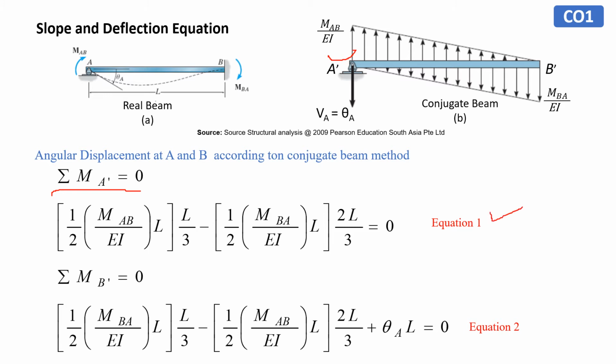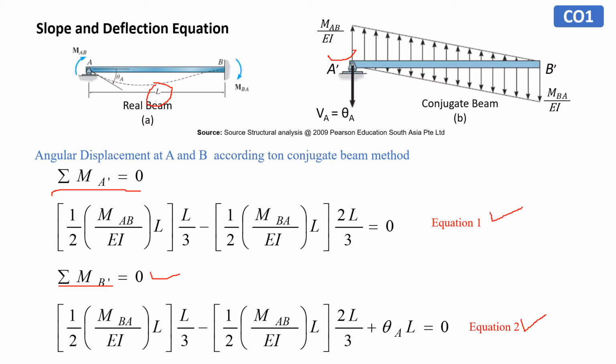Similarly, we apply a second equilibrium equation, taking moment at B is equal to 0: 1 by 2 M BA upon EI into L by 3 minus 1 by 2 M AB upon EI into L by 3 into 2L by 3 plus theta A into L. Theta A will be the reaction over here, and that will have perpendicular distance L, so theta A into L. L is the length of the beam, and this is our equation number 2.